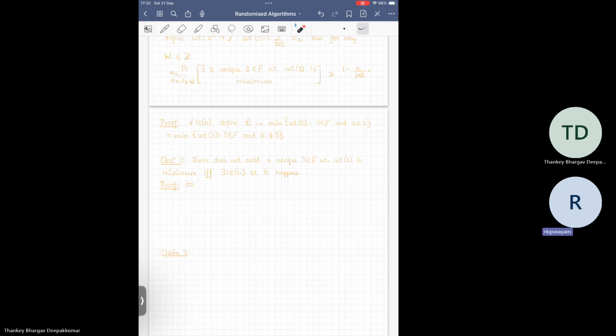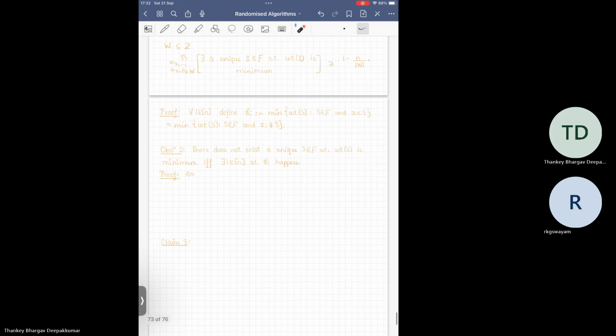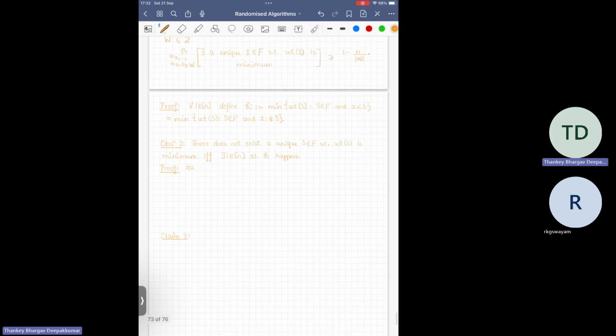But we only have sets whose weights are minimum among sets containing Xi and not containing Xi, right? Yes. So this is the only thing that we need to do, right?